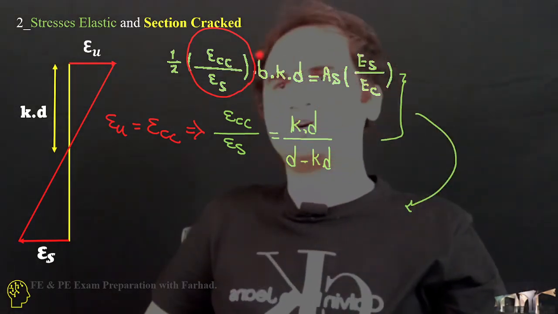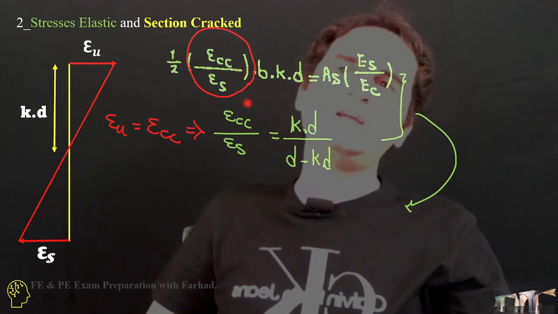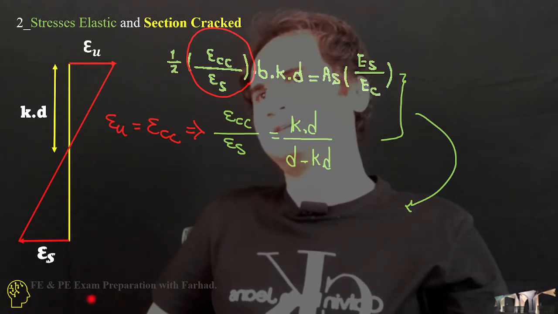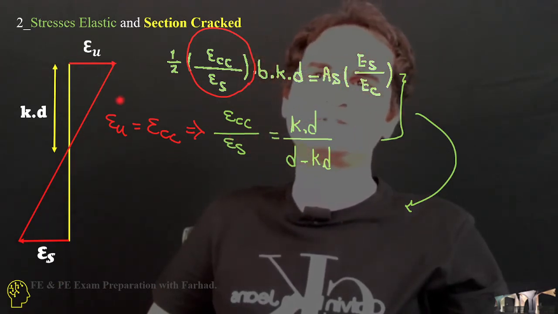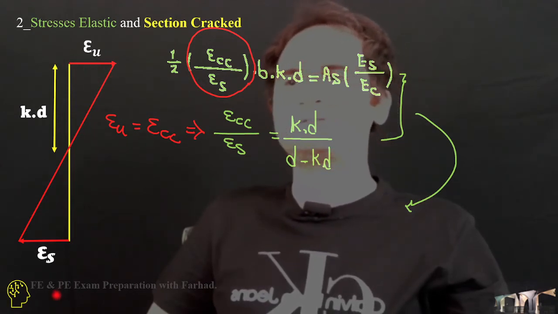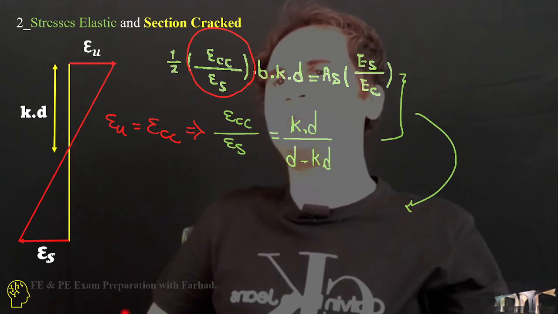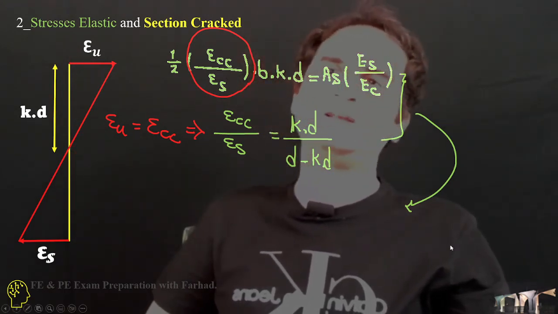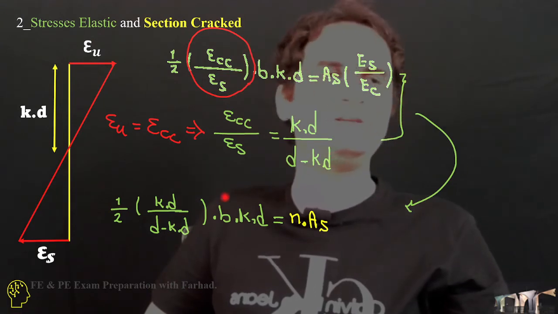And if you go with the relation of epsilon cc over epsilon s based off these triangles, it says epsilon cc, which is epsilon u, over epsilon s is kd over d minus kd. This is d minus kd.